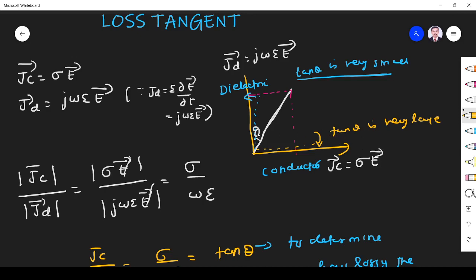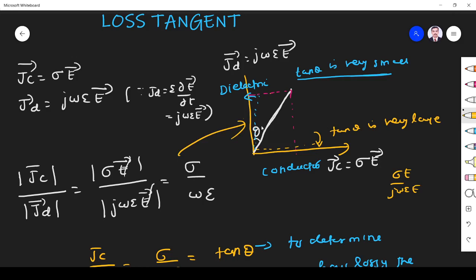You see what tan theta is from here? Tan theta is equal to opposite by adjacent. The opposite side here is sigma E. The adjacent here is j omega epsilon E. That's why it is loss tangent. That's why we have drawn the diagram for this equation.